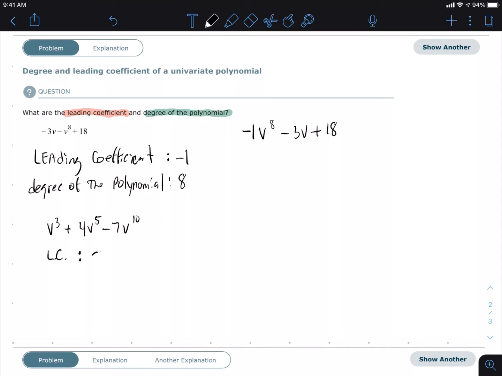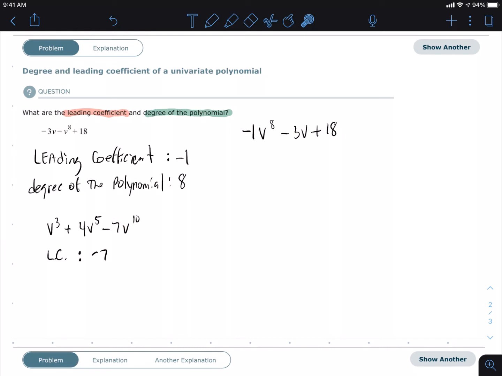It's -7. And notice, it doesn't have a variable to it, it's just a number. And the reason it's that is because which is the highest v power? It's this one, right? What's the number in front of it? It's that 7, but usually everything is written with plus, so that means this has to be a -7. Does that make sense?